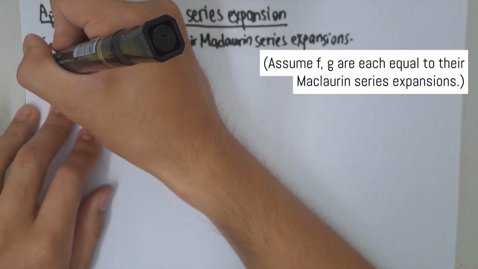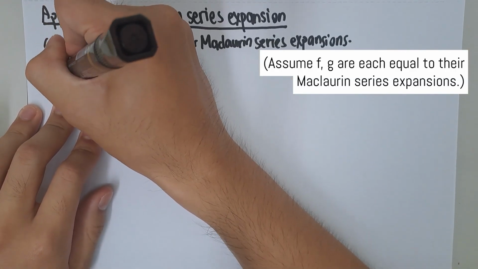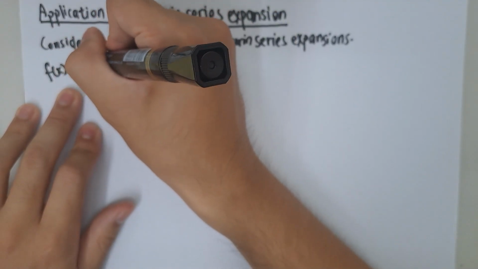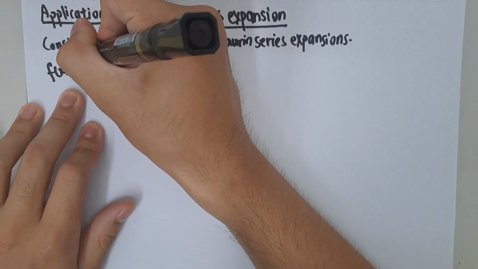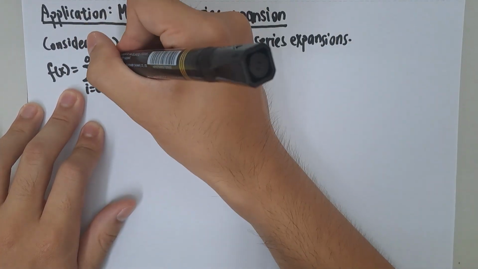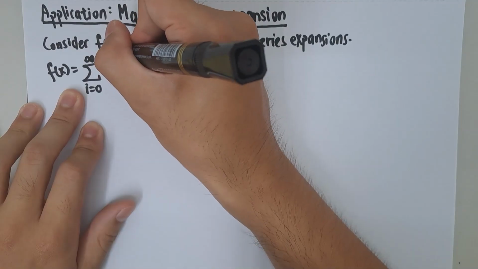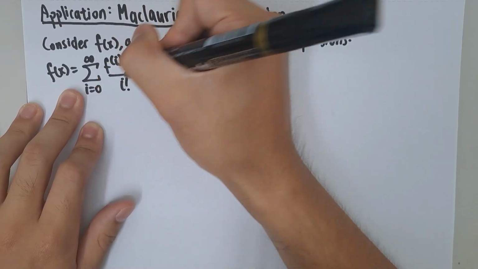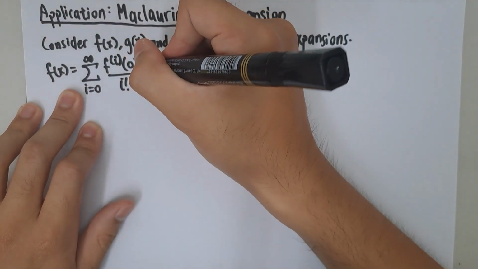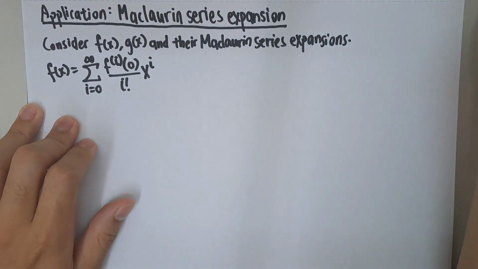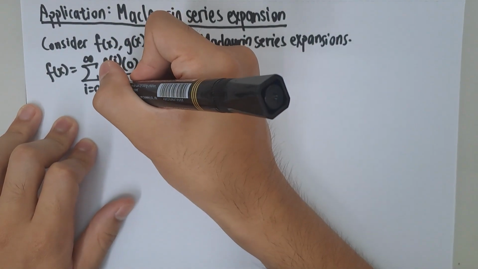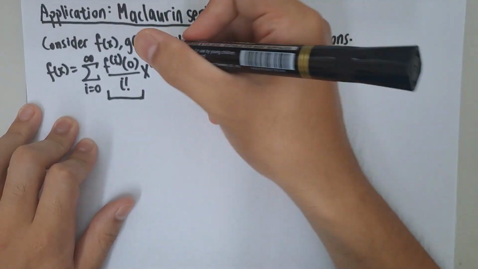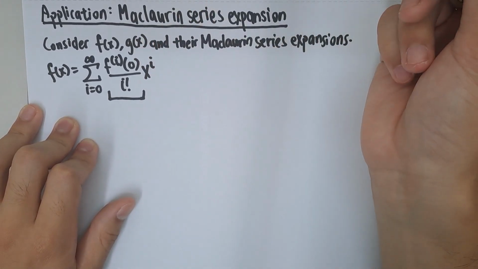So it's standard that f of x equals the sum as I goes from 0 to infinity of the ith derivative of f evaluated at 0 divided by I factorial, and this is multiplied by x to the I. But notice that this is a constant, not inclusive of the x to the I part.